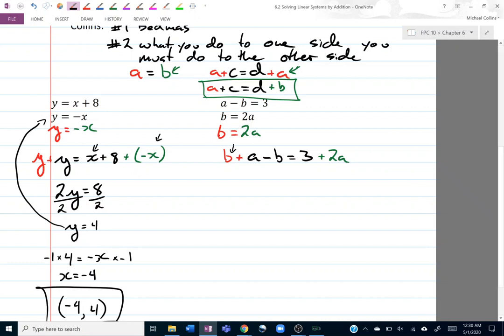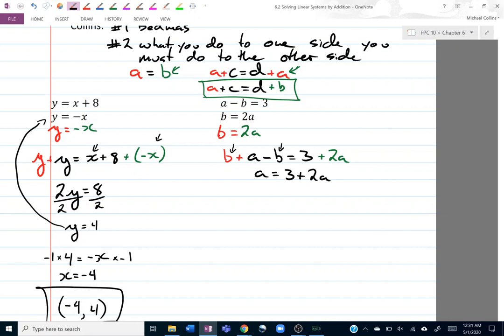I've got a positive b and a negative b, so they cancel. On my left-hand side, I've only got a. On my right-hand side, I've got a 3 plus 2a. Those can't be combined because one has an a and one doesn't. So now I need to try and isolate a. Notice how I have a in two spots. I have an a on the left-hand side, and I've got two a's on the right-hand side.